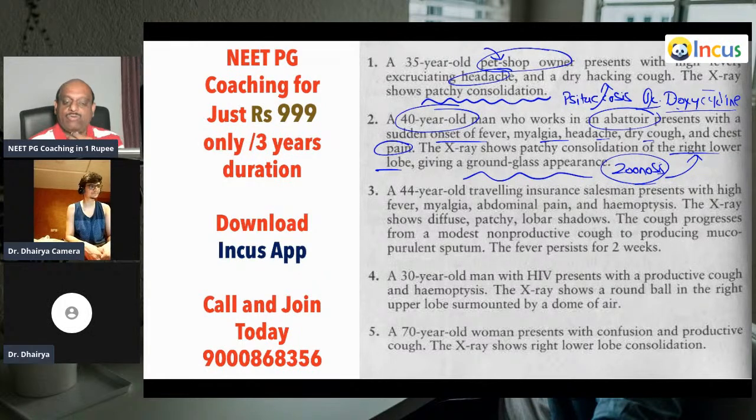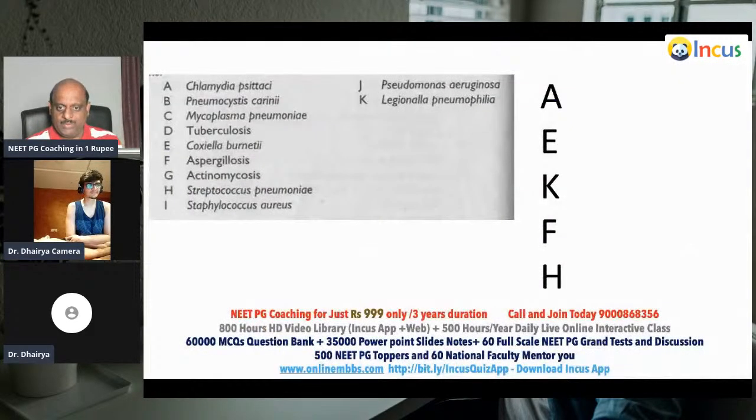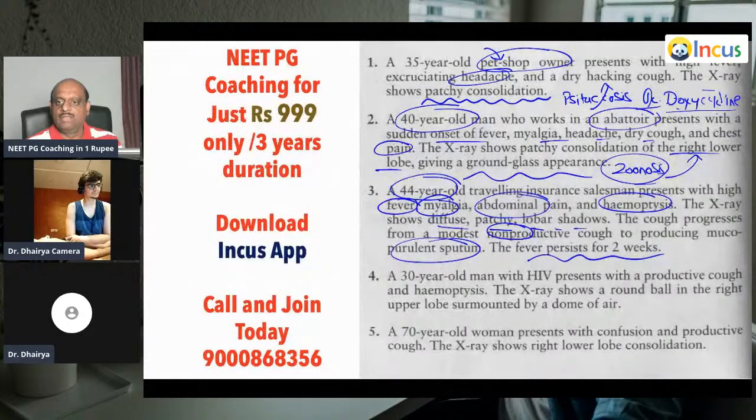Good. A 44-year-old guy who is a traveling insurance salesman with high fever, myalgia, abdominal pain, and hemoptysis, diffuse patchy lobar shadows. He is progressing from a non-productive cough to mucopurulent sputum, and the fever is persisting for almost 2 weeks. So, what is your diagnosis, and how do you want to manage?